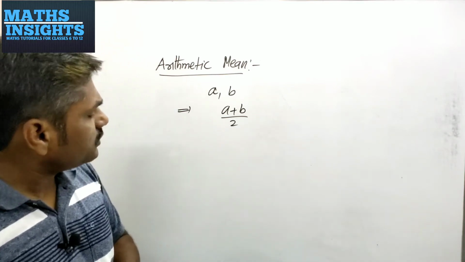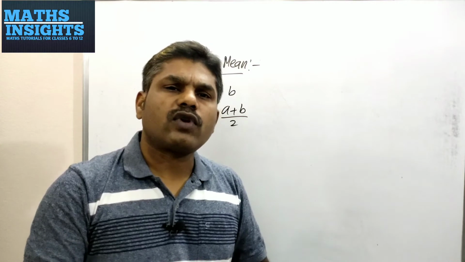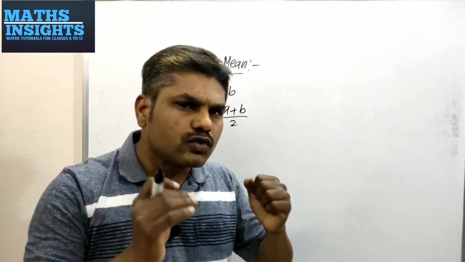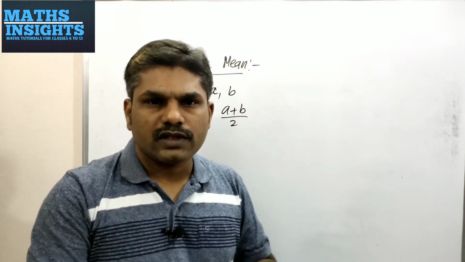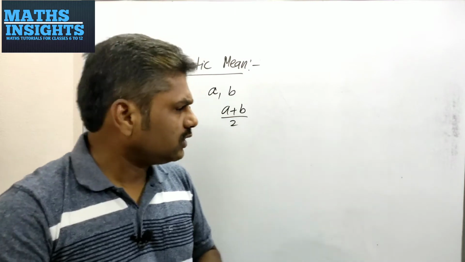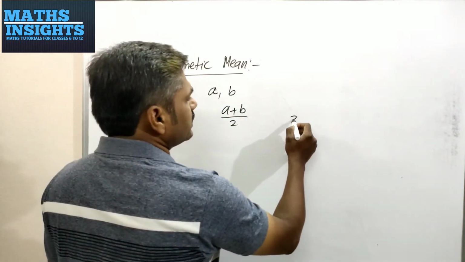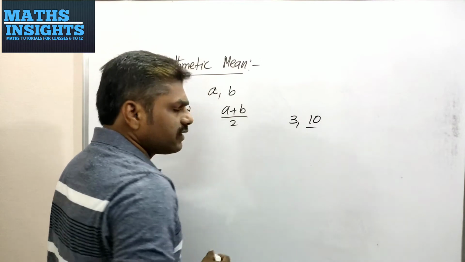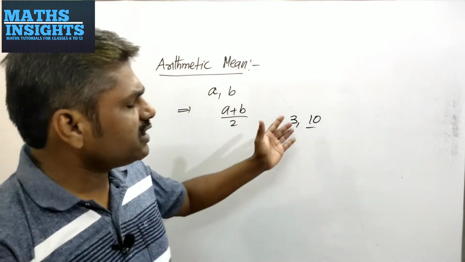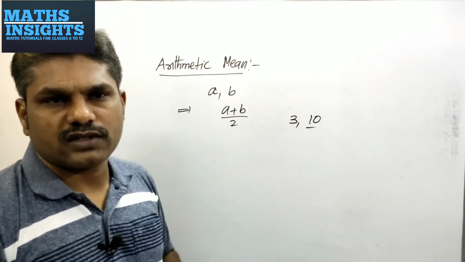If I want to put 3 or 4 arithmetic means between two particular numbers, then how will it be? Say I am taking 3 and 10. Then they will ask what is the arithmetic mean of these two numbers.